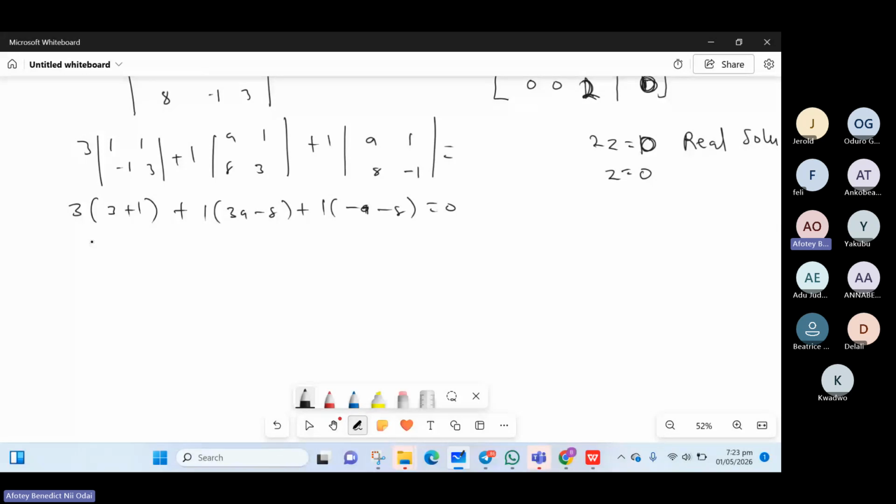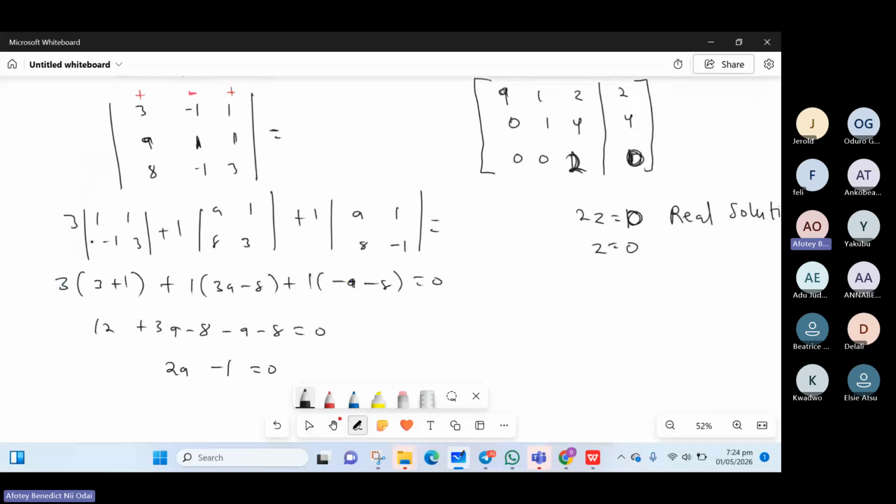So 3 times 4 gives us 12, plus 3a minus 8, minus a minus 8, is equal to 0. So 15 minus 7 gives us 7, 7 minus 1 gives us negative 1, 3a minus a gives us 2a, and this is equal to 0.